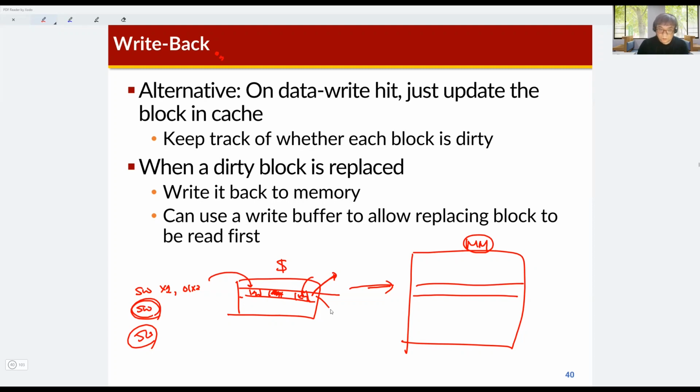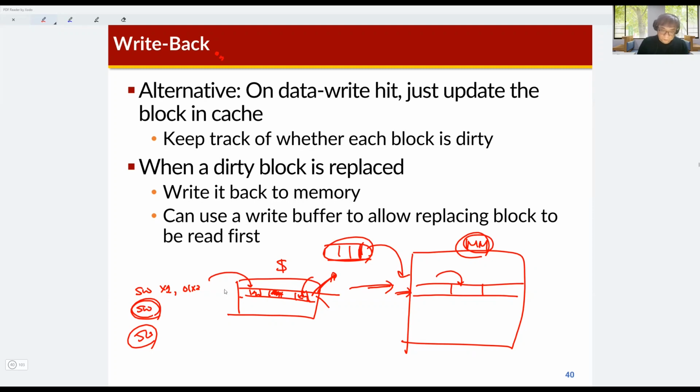When this cache line is evicted, this updated data would be removed from the computer system. So in this case, the updated cache line is sent to the main memory, and the main memory is updated. This is the write-back method.